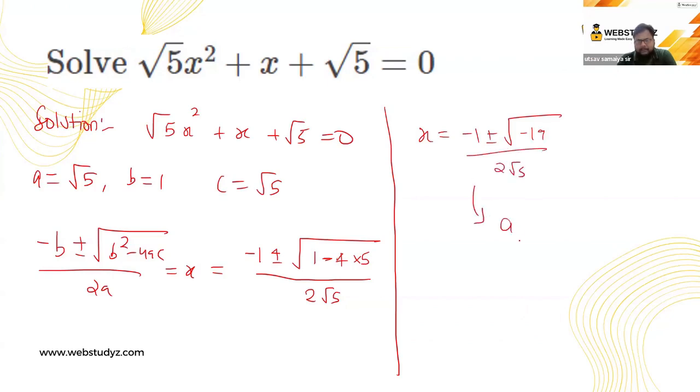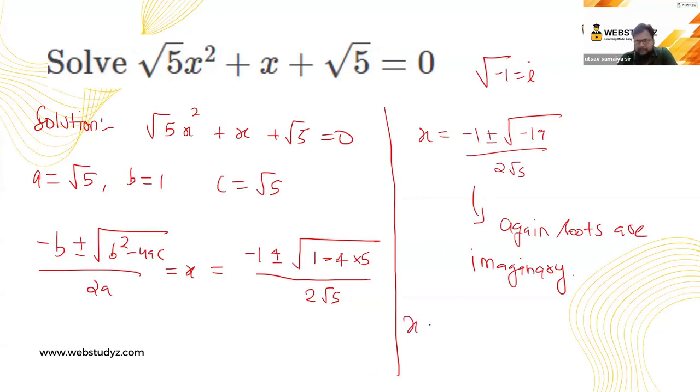So again, roots are imaginary. Whenever we get under root minus 1, that is called iota. This is an operator.